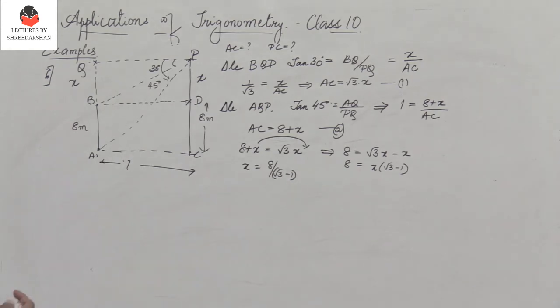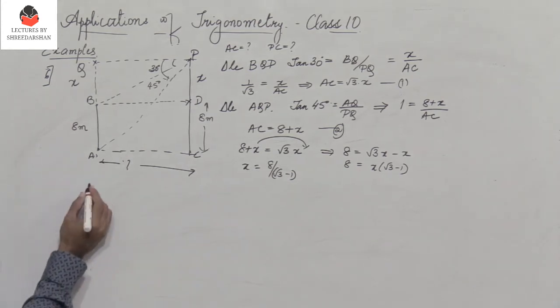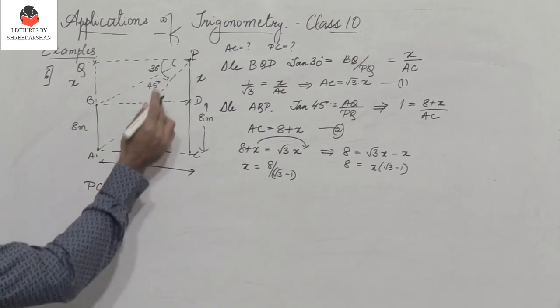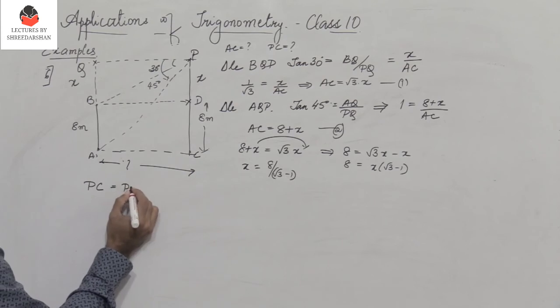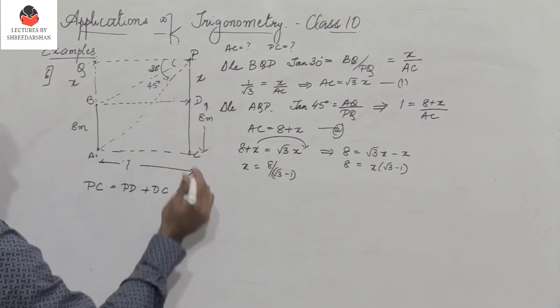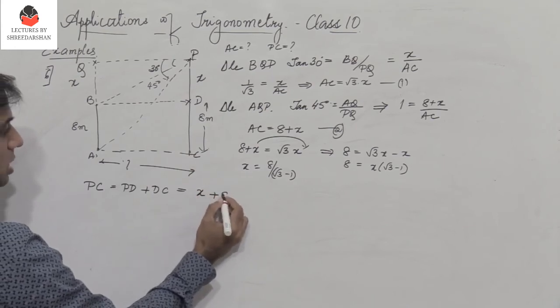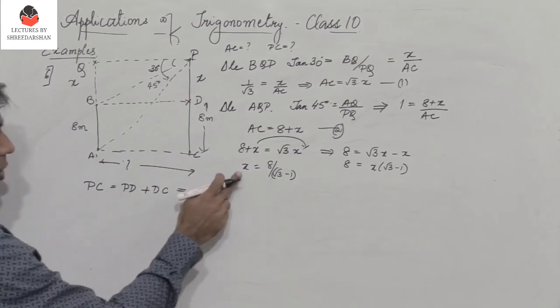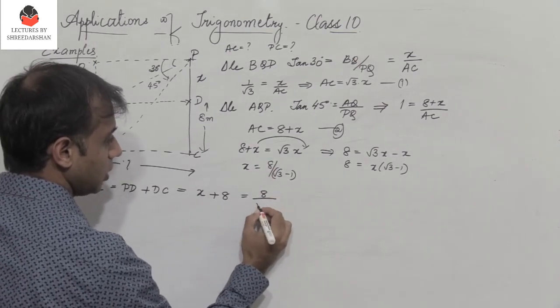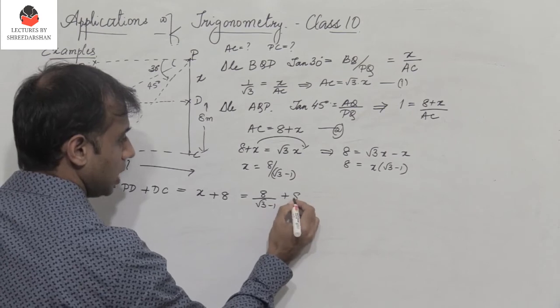Next I need to find the value of PC. Right? So what is PC? PC is PD plus DC, where PD is x and DC is 8. And we know that x is 8 divided by root 3 minus 1. So let me substitute this: 8 divided by root 3 minus 1 plus 8.